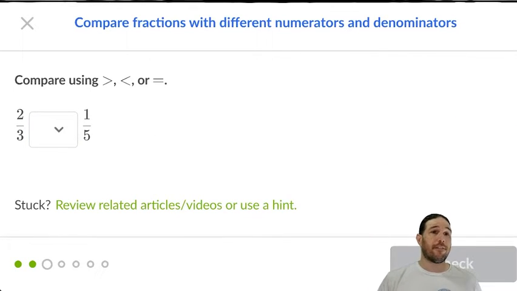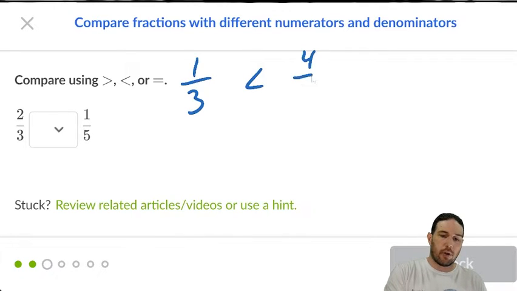2/3 and 1/5. In this case, we kind of have 2 ways of telling whether a fraction is bigger or smaller just by looking at it. If we know, like, 1/3 is less than 4/3, yeah?